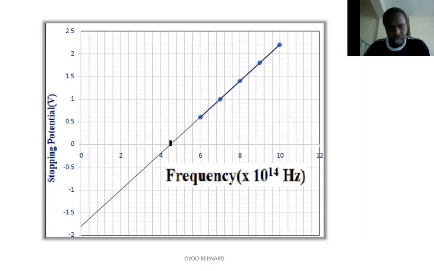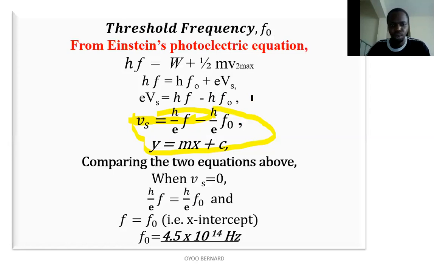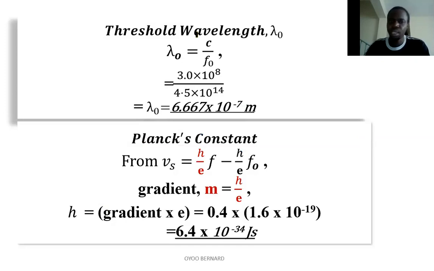I may not be able to get this exactly, but I used the equation. I generated the equation from Excel, and the x-intercept from that equation was 4.5 times 10 raised to 14 hertz. Threshold wavelength, now just use this formula, which we had also looked at earlier.